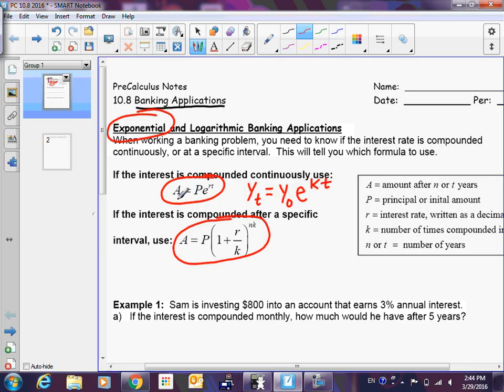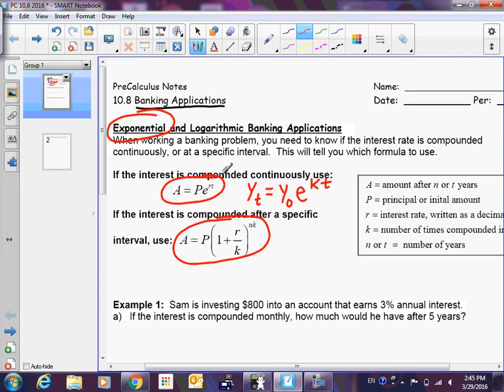Now, if you look at this formula, instead of y sub t, they have an A. And A is the amount after n or t years. So it's like your final or your current amount. Your y sub 0 was the initial amount of substance we had, like bacteria or plutonium or whatever.